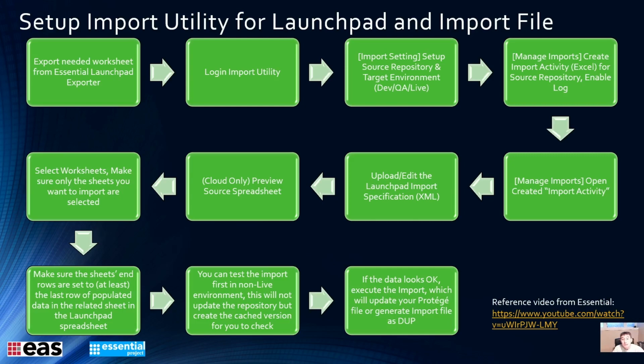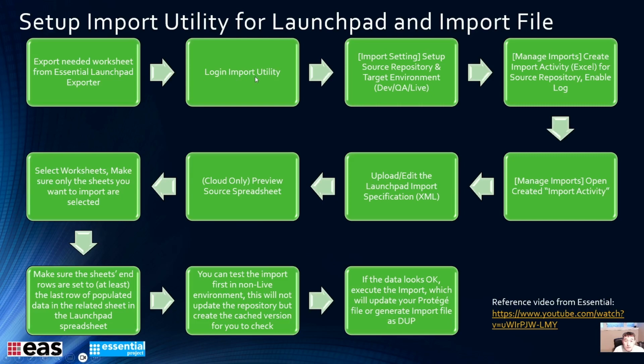But let's preview those so that you can keep in mind which step we are at. First, if you want to do the import, you need to have a source spreadsheet. This source spreadsheet can be downloaded from the view in your Essential project viewer.